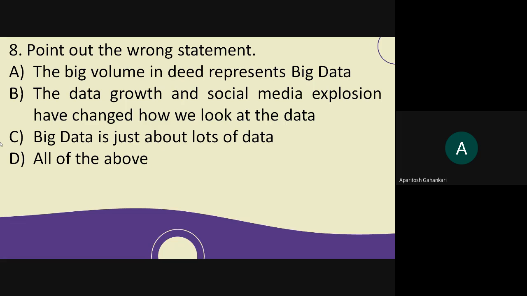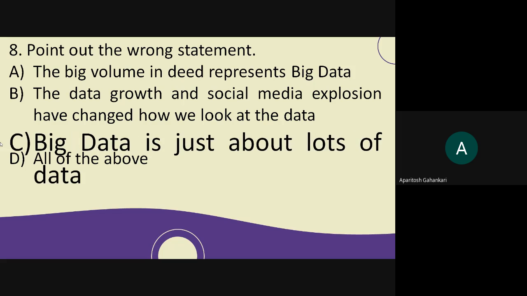That is true. The data growth and the social media explosion have changed how we look at the data. That is also true. And the statement C, that is big data is just about lots of data, that statement is false. Why? Because it has other aspects also. So the correct answer is big data is just about lots of data.